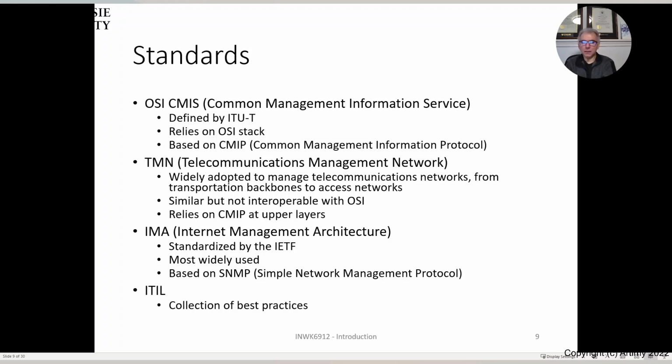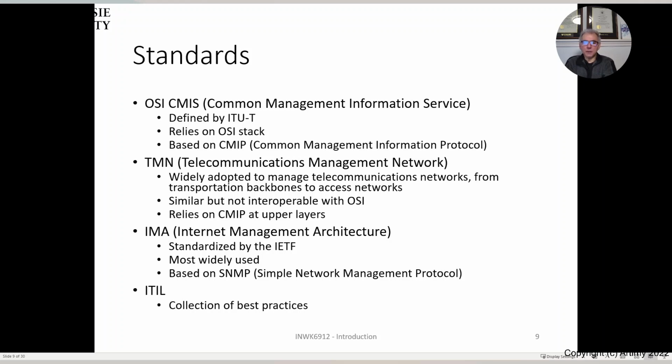But you will see later that we have common aspects. Each one of them talks about network management. They're not compatible, which means that you cannot just mix and match them, but they have common grounds, including actually that the TMN relies on the same protocol as the OSI model.